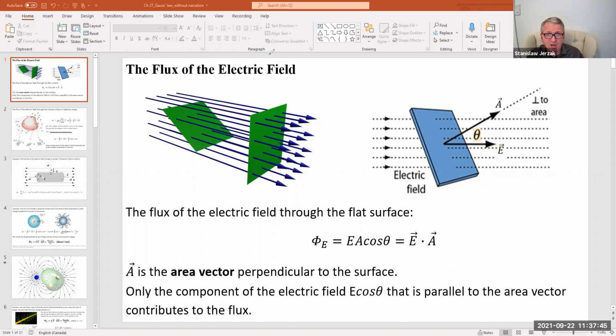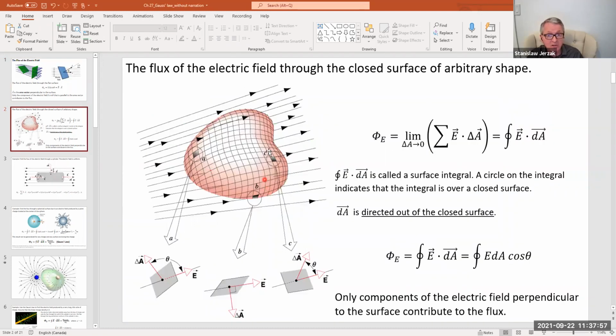But in Gauss's law, we will talk not about the flux through an open surface, like that flat surface, but we will be calculating the flux of the electric field through a closed surface. So here you have a visualization of that concept: we have a certain closed surface, like a balloon, and that closed surface is located in an electric field represented by these black lines.